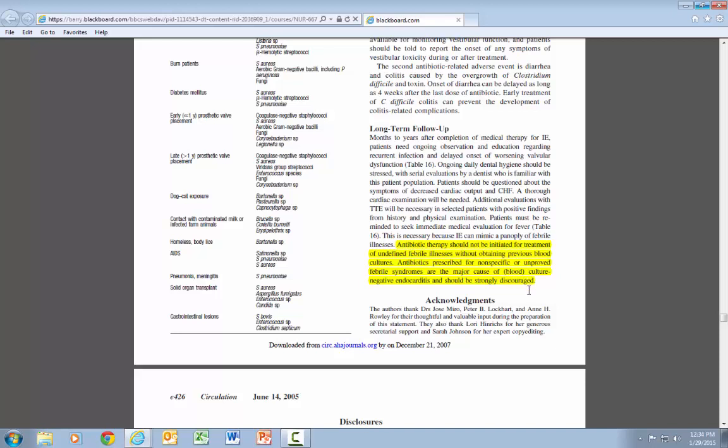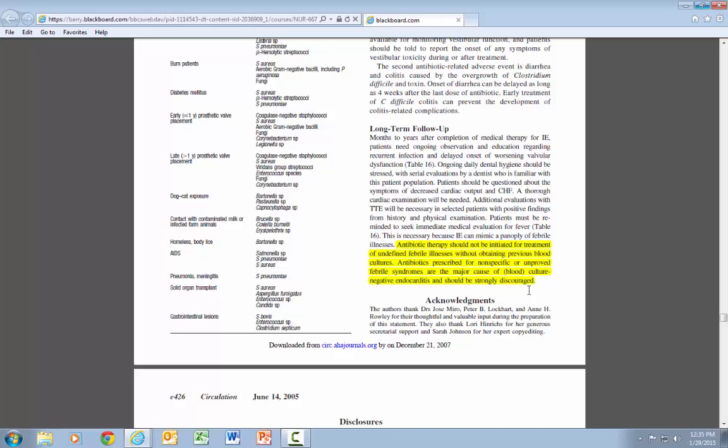Examples of this would be, dental wise, dental extraction, dental implants, any type of periodontal procedure, root canals. Respiratory tract, for example, would be bronchoscopy, tonsillectomy, adenoidectomy.